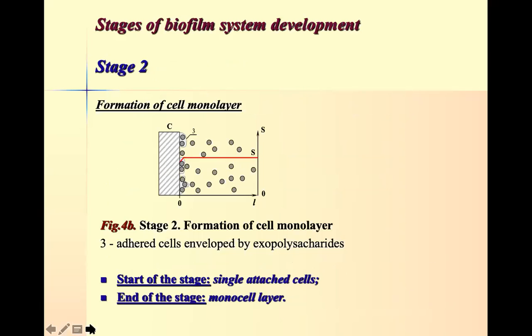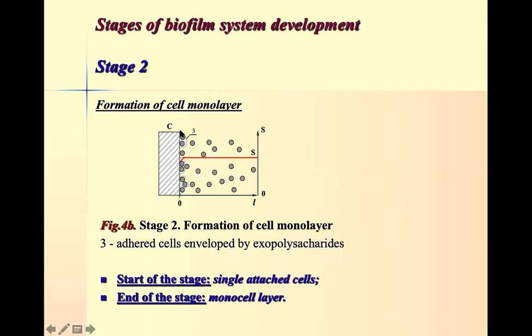Let us see stage 2. Stage 2, formation of cell monolayer. In the previous one, only one or two scattered cells were attached. But here you see a monolayer, almost a single cell layer is formed. Here you see around the cells there is an envelope-like structure. Envelope means exopolysaccharide secreted from the cell.